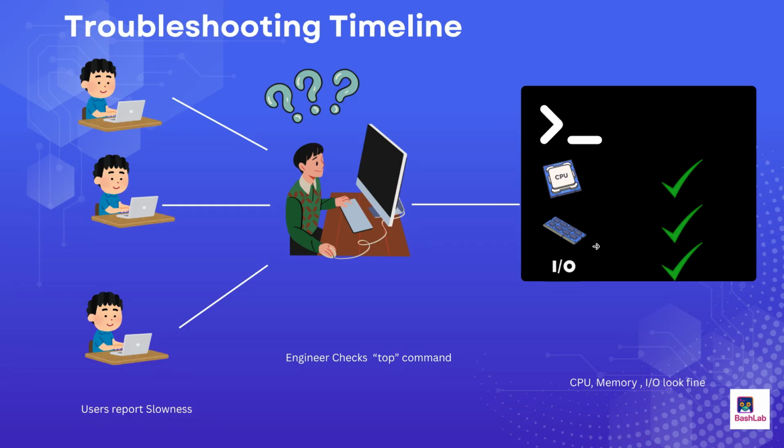Nothing looks alarming. It's one of those days where you feel something is wrong, but the metrics don't show it. This is exactly where many Linux performance issues hide. Not in CPU or memory, but in how your application interacts with the kernel. So today we will explore one of those invisible bottlenecks, file descriptors.